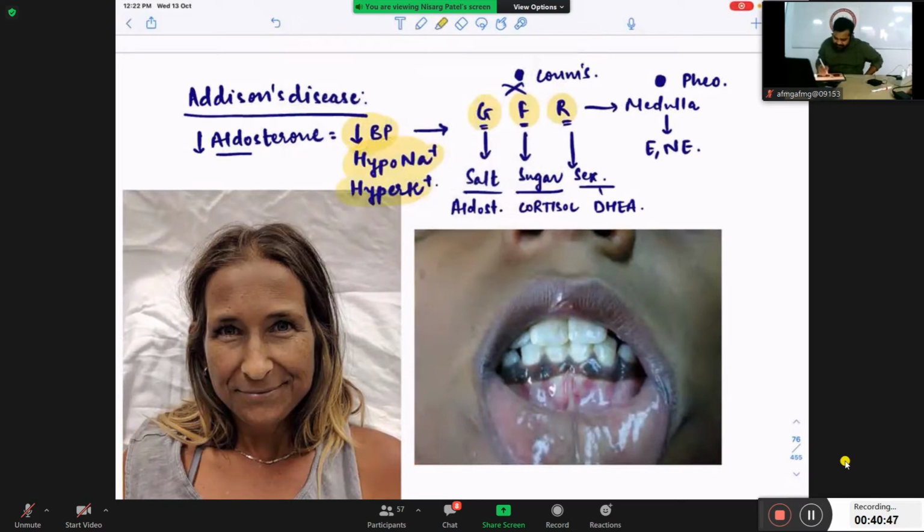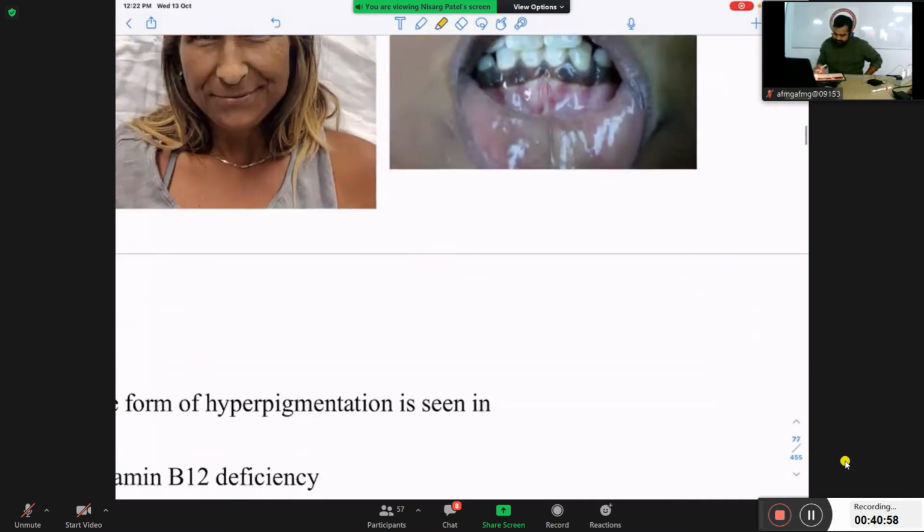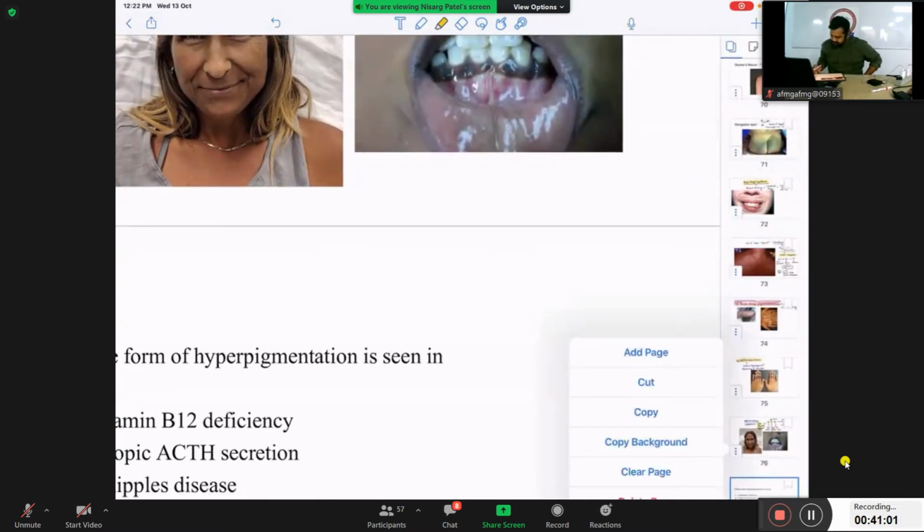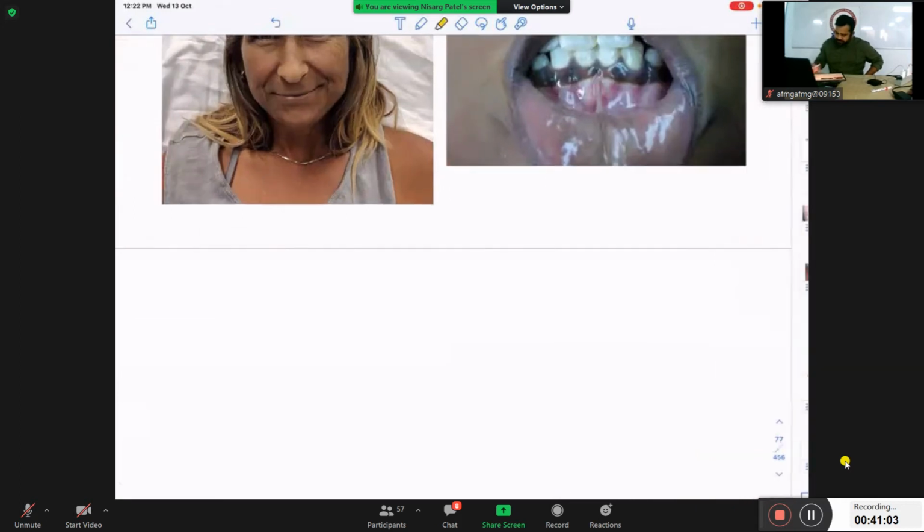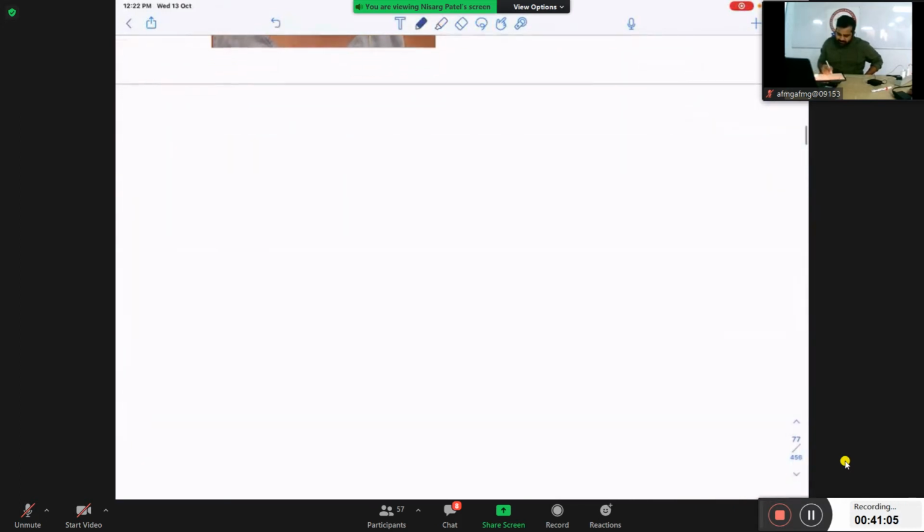which hormone has a regulation on the pituitary gland? Cortisol. You all know the pituitary-adrenal axis. Which hormone is the regulator? Cortisol. What will happen? See this. This physiology is very important, and multiple times they ask this. So my pituitary secretes which hormone? ACTH. ACTH will stimulate the adrenal gland, right?